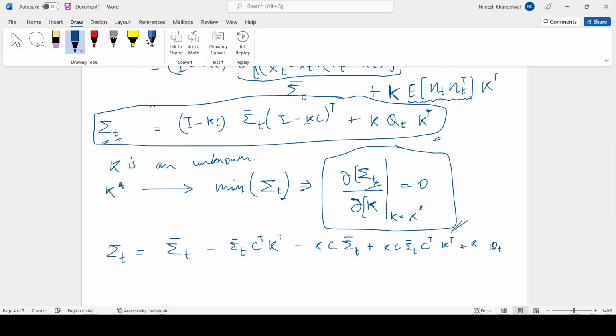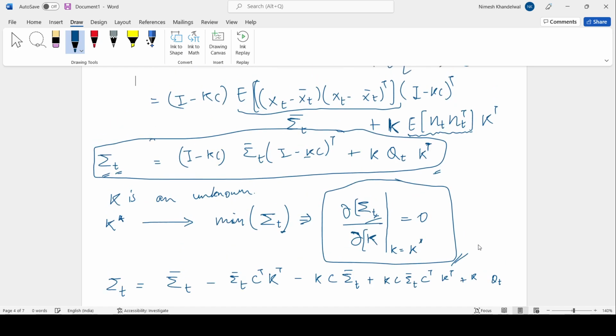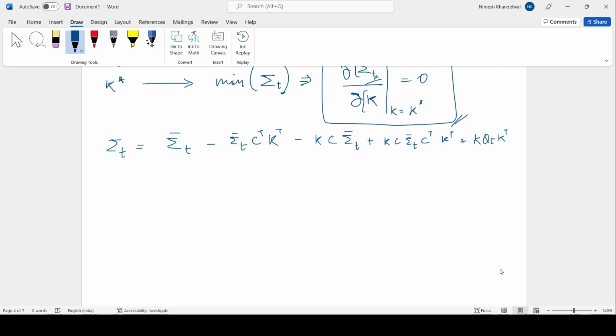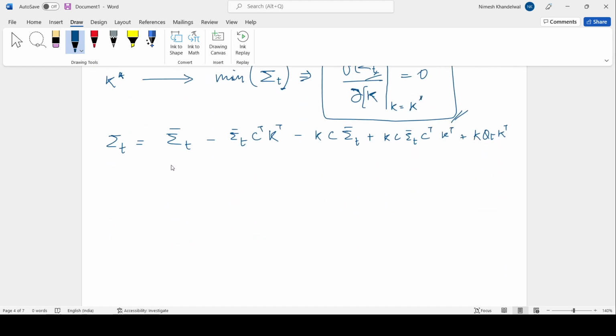K Q t K transpose. So let me write everything and club those quantities that can be clubbed.